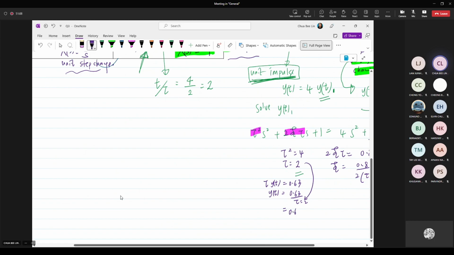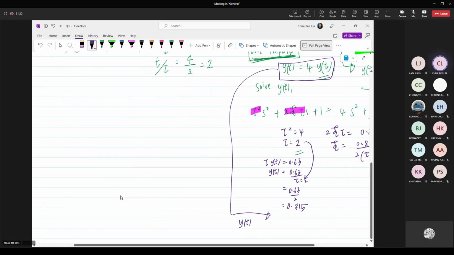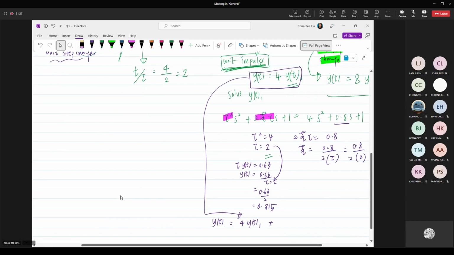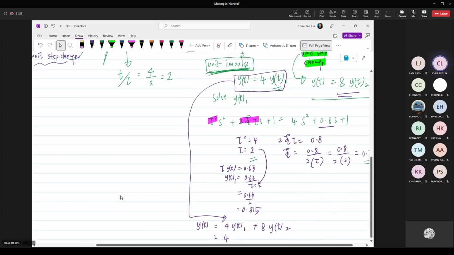So 0.63 over 2 is 0.315. Here you'll be getting your YT total equals to 4YT1 plus 8YT2. So the first YT, this one is 0.315.